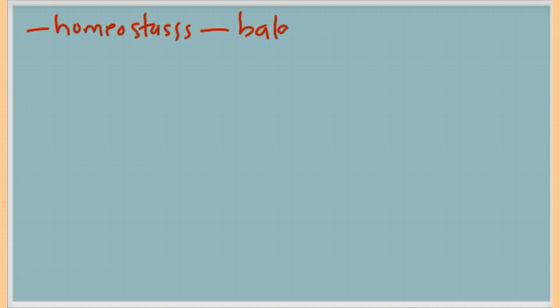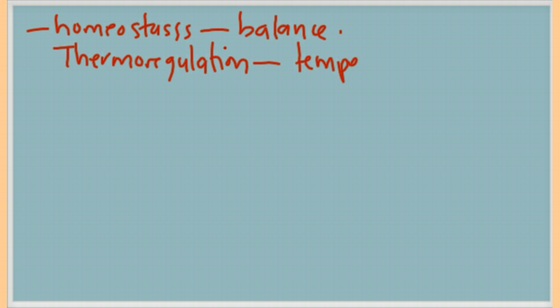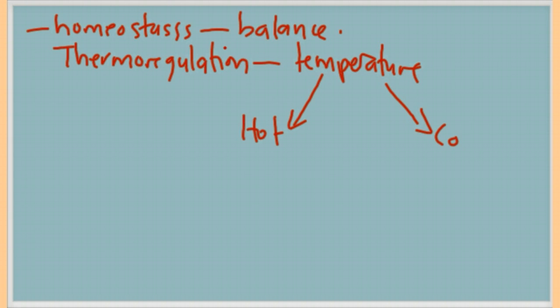As a review, the things we've talked about today is that our body needs to maintain homeostasis, which is a balance. We also talked about a balance in temperature, which is thermoregulation. We said our body can do this in two ways: when it's too hot or when it's really cold outside.